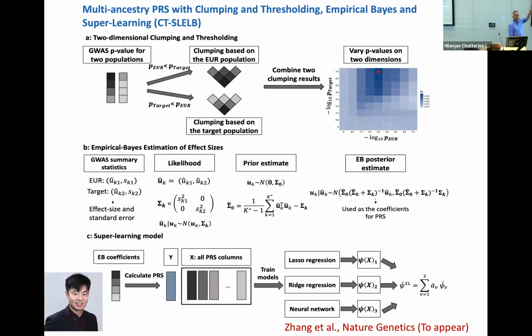This has existed in the statistical literature for a while: you can take algorithms of different types, and then at the end you combine them with another algorithm. So that's what we are doing. We take all those PRS, and then at the end we run them through a final step, instead of picking one winner.